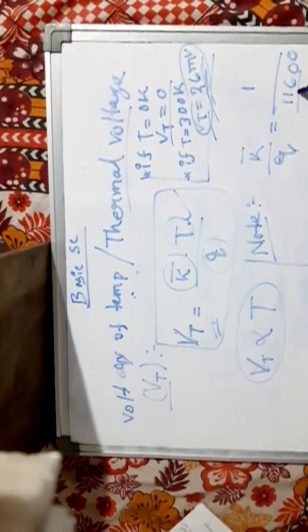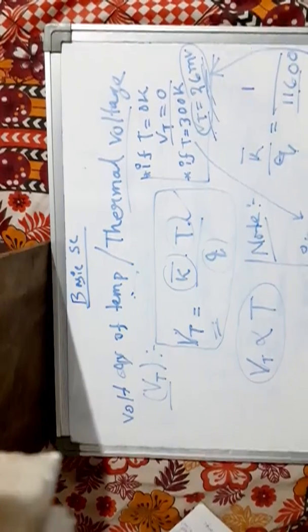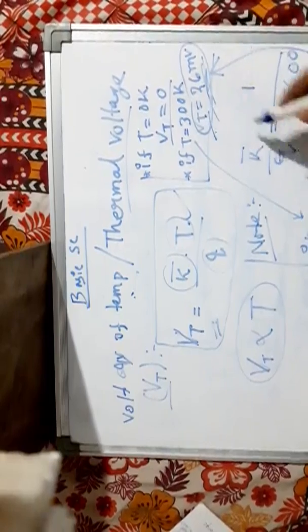Now you can directly put in, if T equals 300 Kelvin, then V_T equals 300 by 11600. We get 0.025 something volt, so this is 26 millivolt. By this, we can calculate V_T at room temperature.